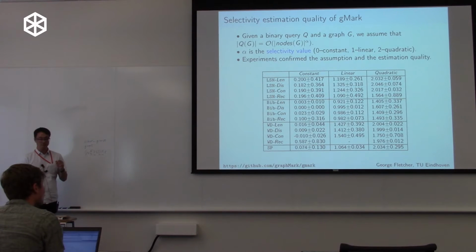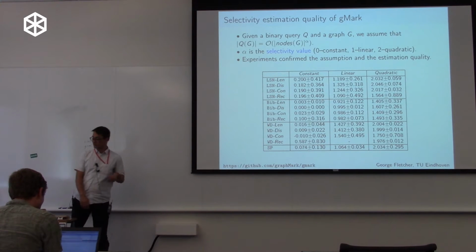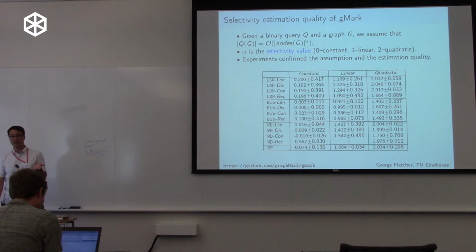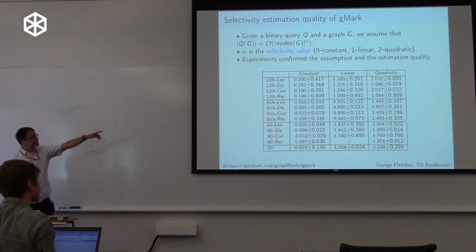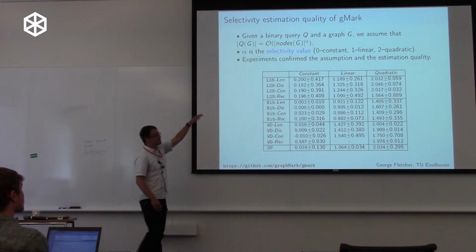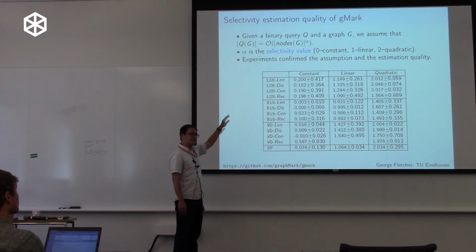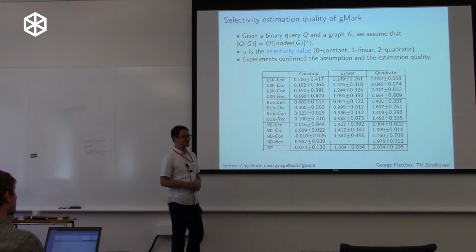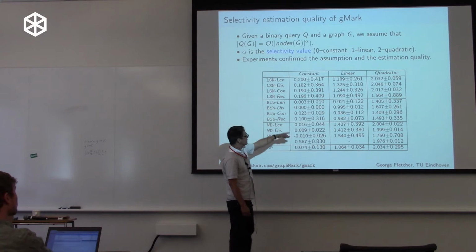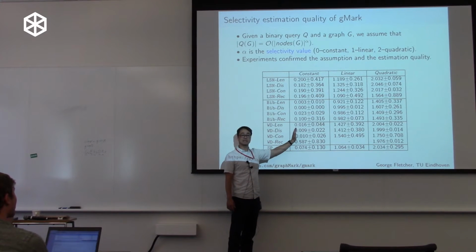Okay, so we want to validate this assumption and also the estimation quality. So we assign an asymptotic selectivity class to each of the queries in the workload. And then we looked at this for a bunch of different types of variations of workloads on all of our 4 use cases, looking at the asymptotic behavior on lots of instances and averaging it over many instance sizes. And we found that those that were supposed to be constant were very close to being constant, so very close to 0.